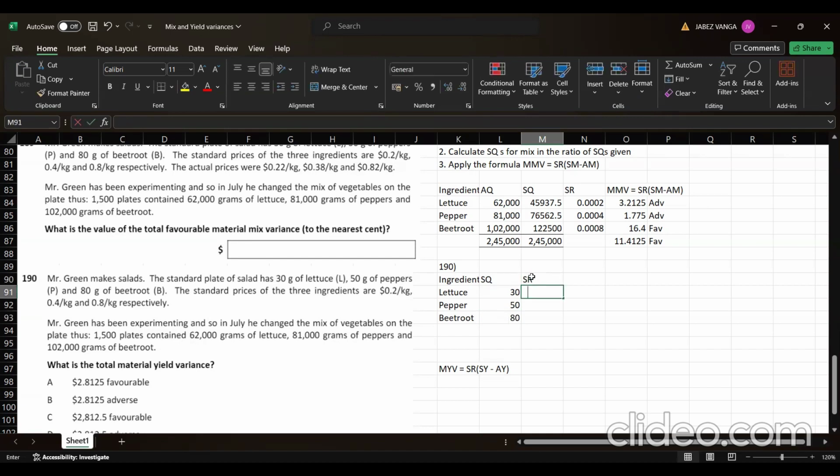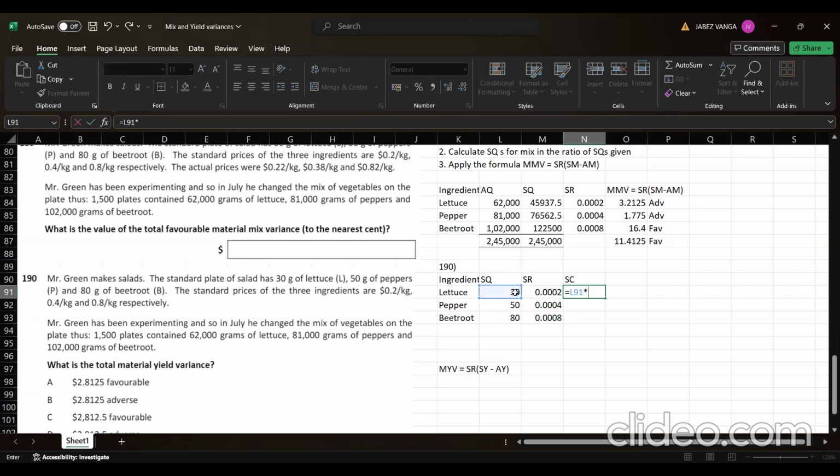Standard rate. So we need to find out what's the standard cost. Standard cost per plate is what we need to find out because we have to apply the standard rate. Standard rate here is the standard cost of 1 unit of output.